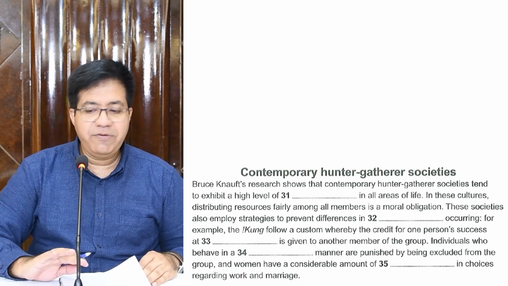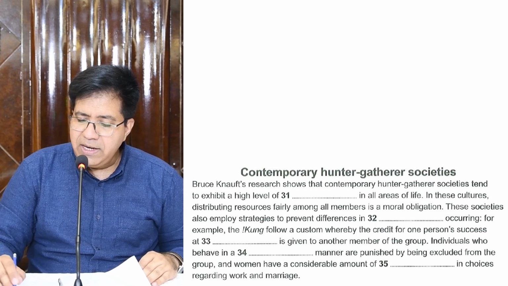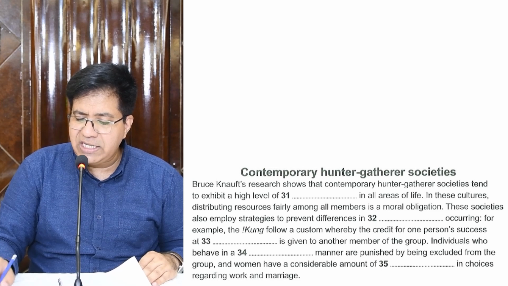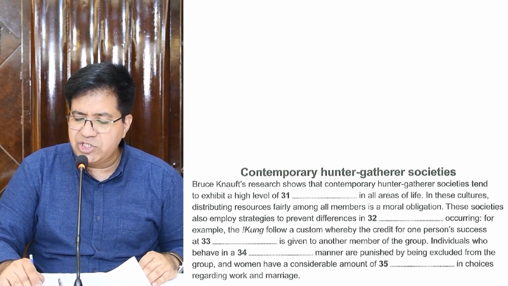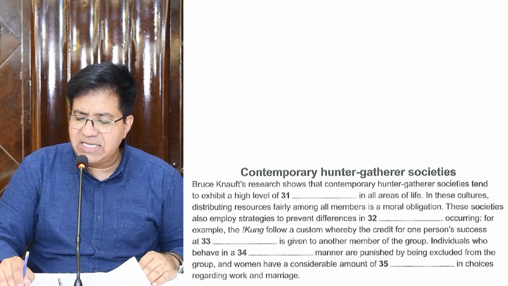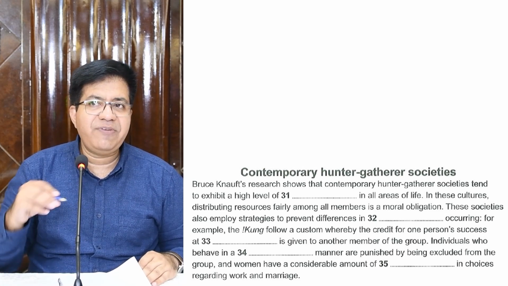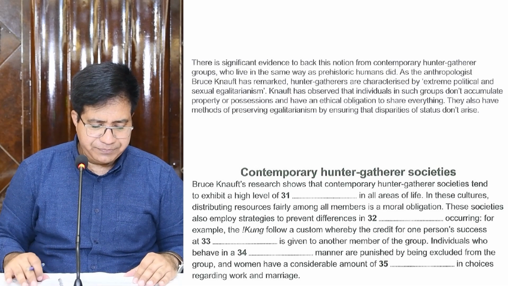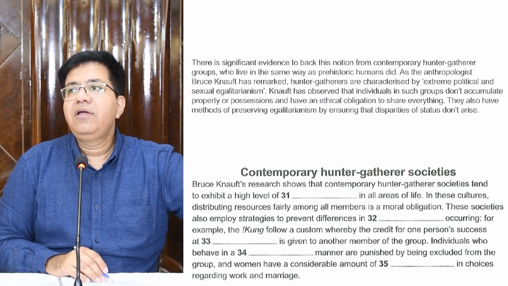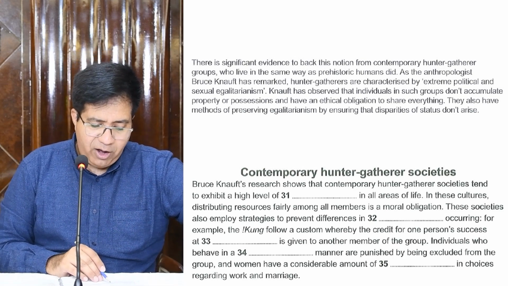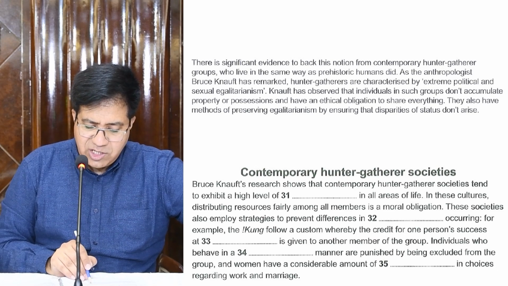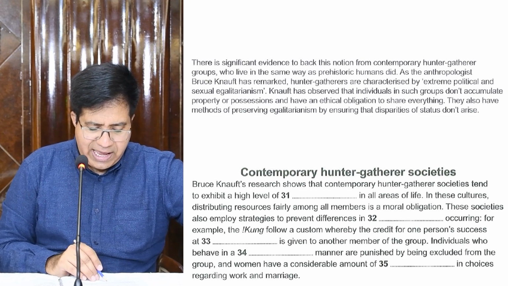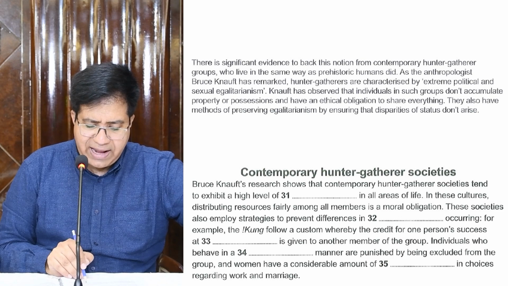Got it? Now we found 31, so we read on. Next, I'm reading: these societies. Question number 32. These societies also employ strategies to prevent differences in dash occurring. Differences in something occurring. So we come back to the same paragraph, third last line. Title page, last paragraph, third last line. Knauft has observed that individuals in such groups don't accumulate property or possessions and have an ethical obligation to share everything.